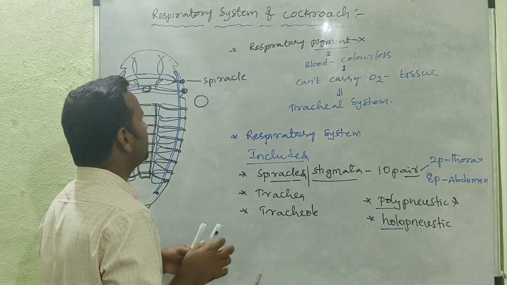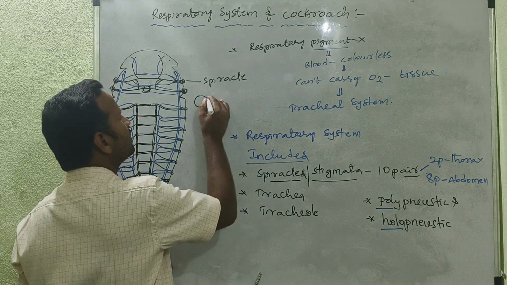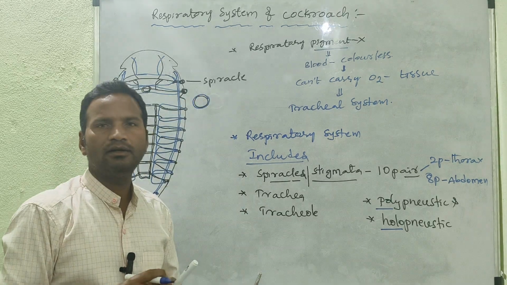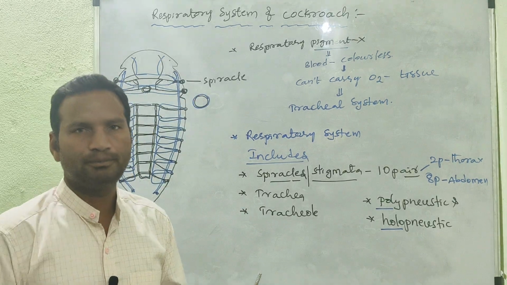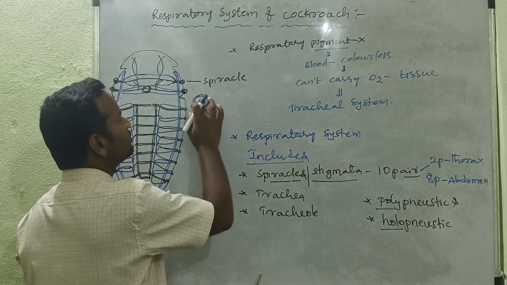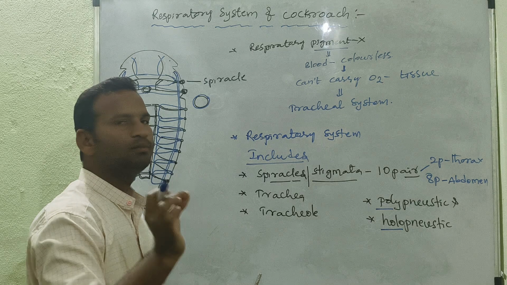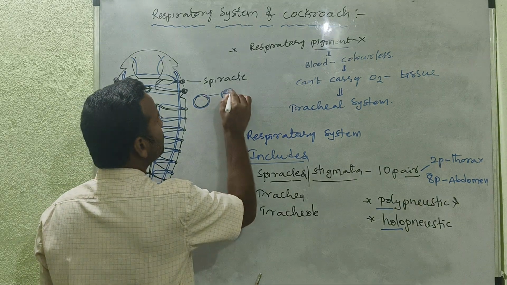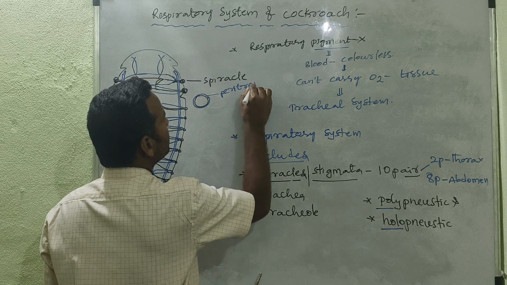Usually, the spiracle is surrounded by a chitinous ring, which is called the peritreme. What I am saying here, this is usually the spiracle. The spiracle is surrounded by a chitinous ring-like structure called the peritreme.